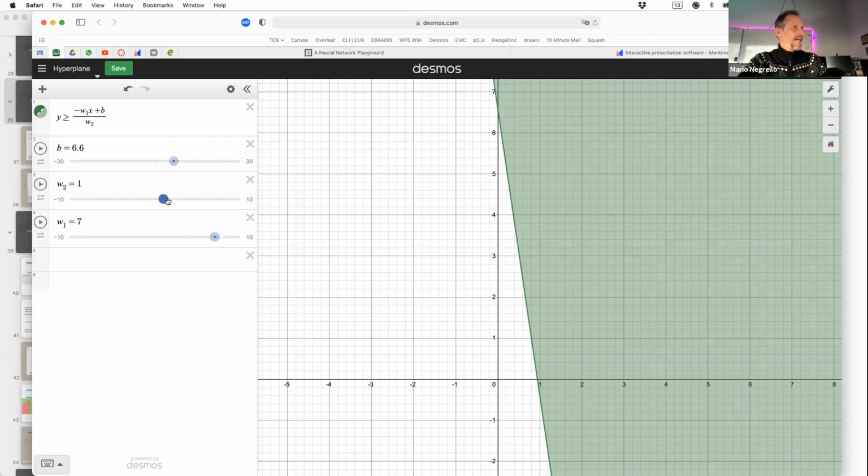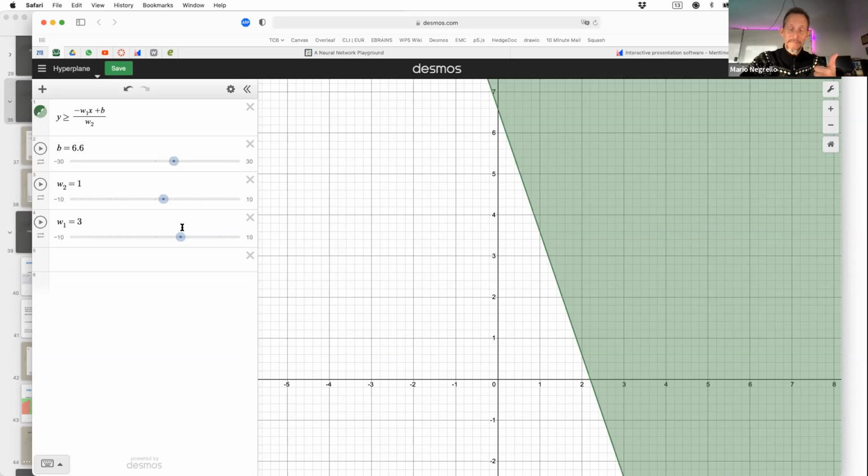So what I wanted to convey with this particular visualization is the idea that a 2-neuron input with 1 neuron output is producing 1 linear decision boundary. Very good.